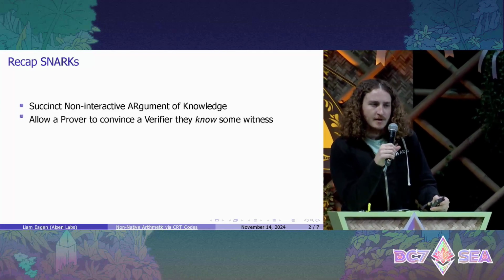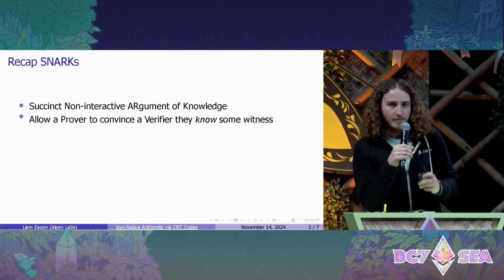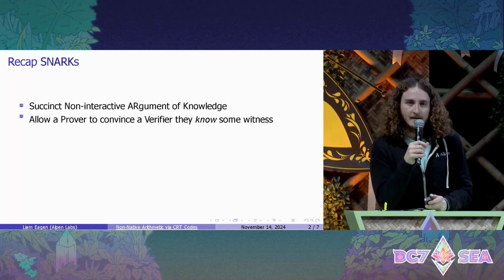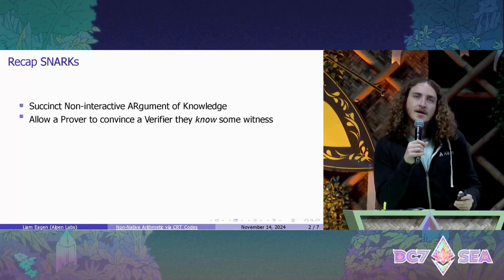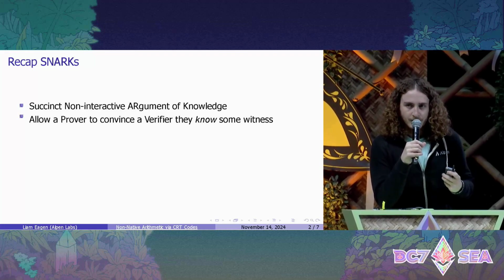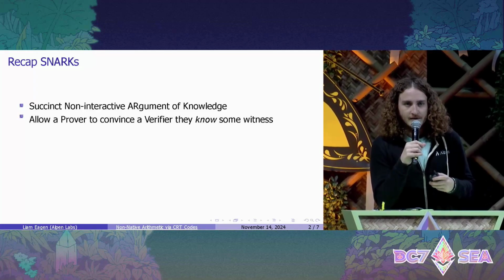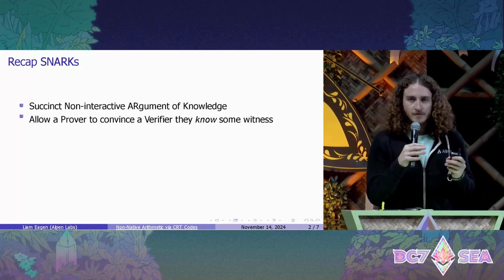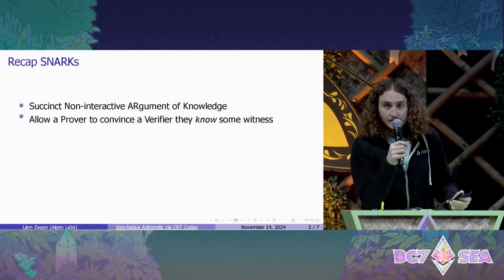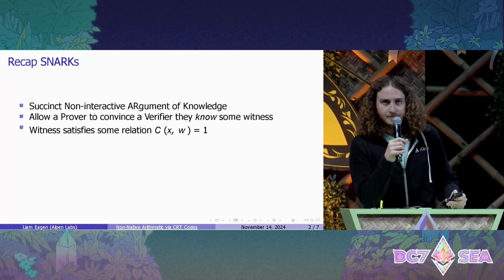So in a SNARK, some party, the prover, wants to convince the verifier that they know some witness. And they want to do this by generating a proof without interacting with the verifier, so non-interactively, and the proof should be small. And if it's zero knowledge, it keeps the witness secret.